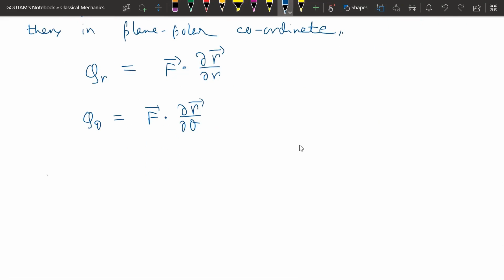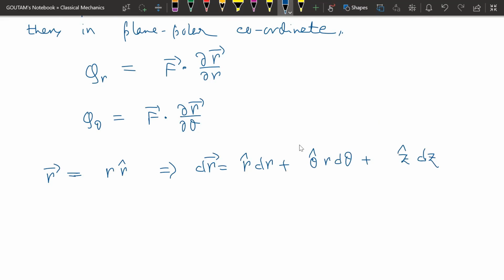Now, if you look at this r vector, the dr vector will be r hat dr plus theta hat r d theta plus z hat dz.